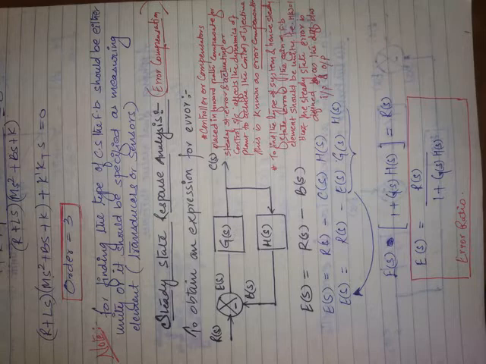You understand? For this control loop, this is the canonical form we have shown. The forward path we showed as G of S, the feedback element is H of S, the feedback signal is B of S, input is R, error is E.